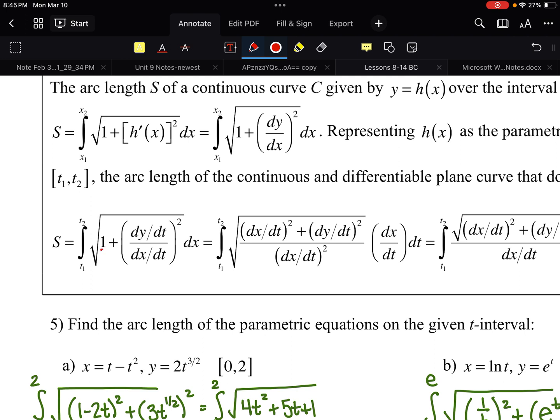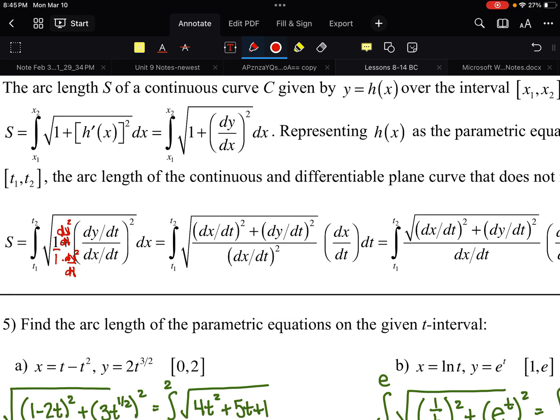So if I were to get a common denominator of dx/dt squared, then that would give me this. And if I were to simplify that, then this dx would also be dx/dt.